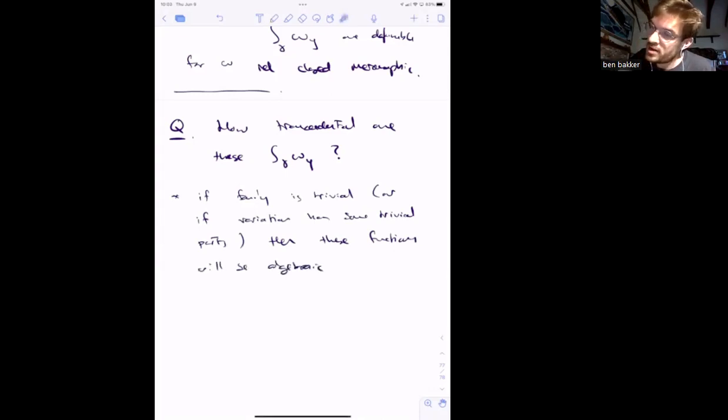Right, because we're putting in any meromorphic form here, so you could just multiply by an algebraic function on the base.